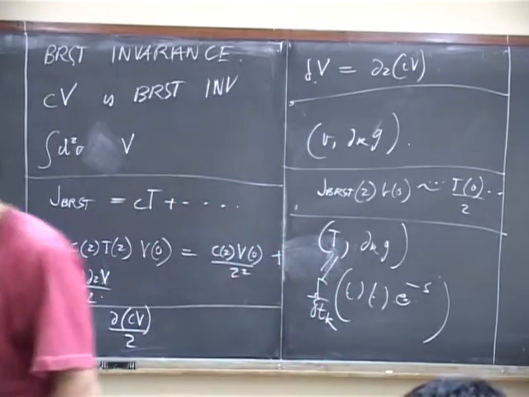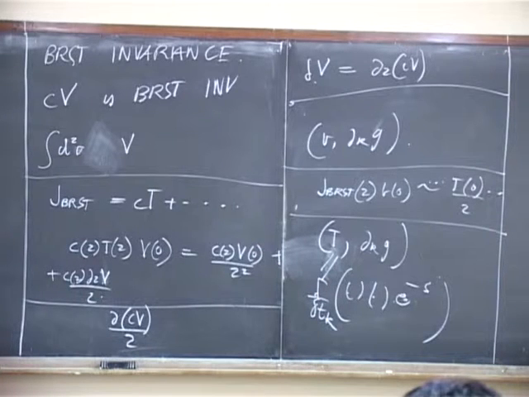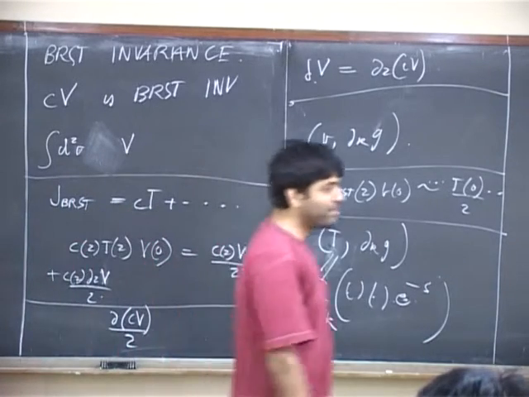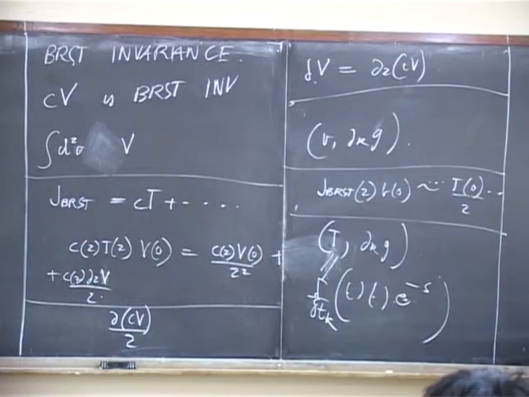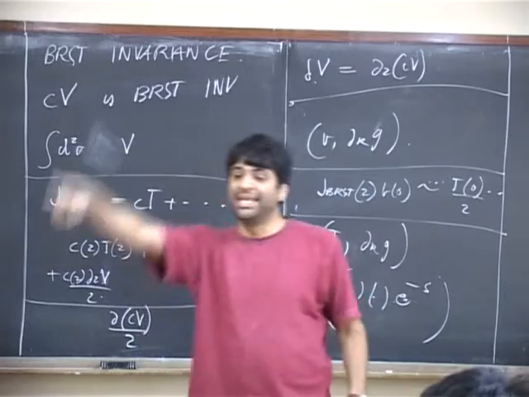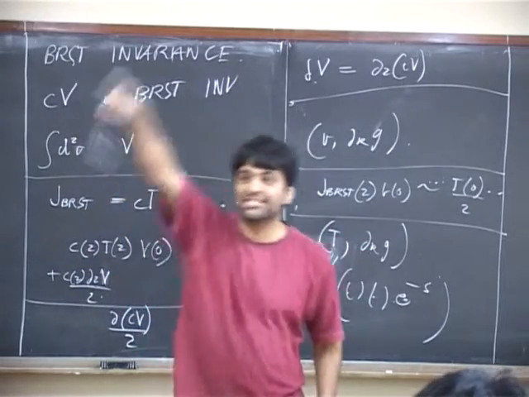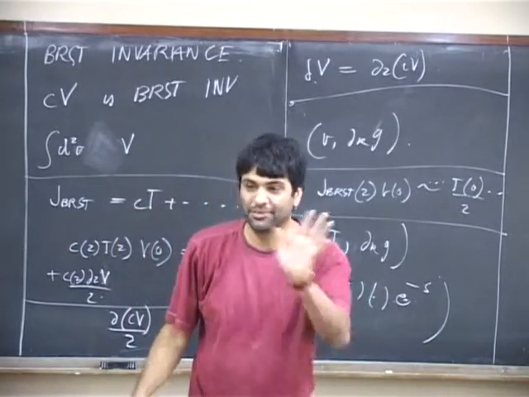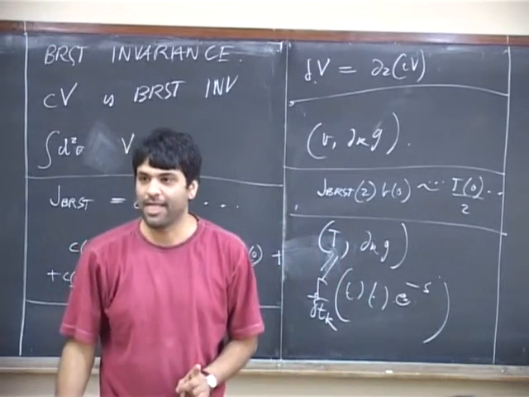So, what if we insert a B also? Yes, that is a very good question. Yes, there is a way of writing the path integral in which you put every insertion as a C times V and then have a B inserted on a contour around the remaining C's, the ones that would have otherwise been integrated.